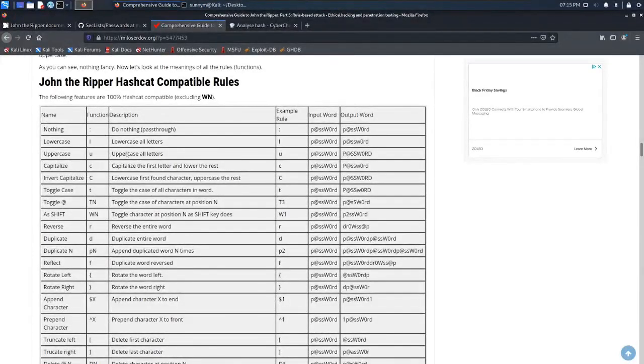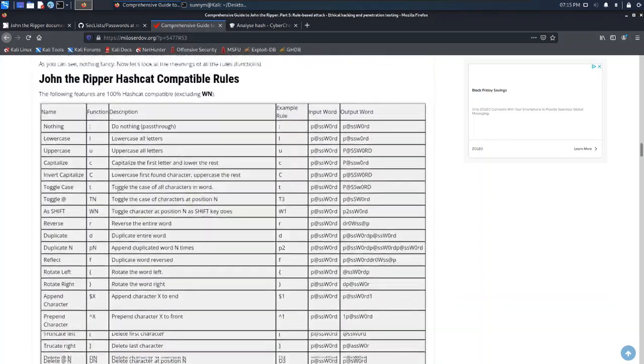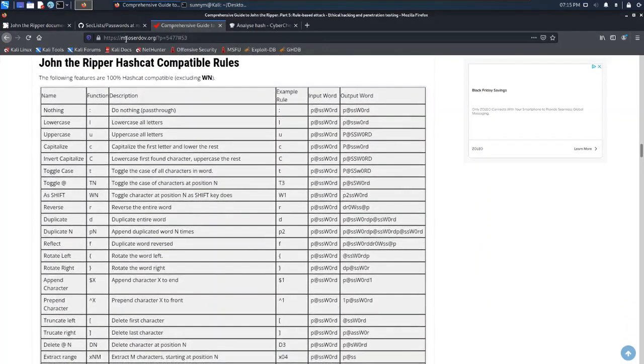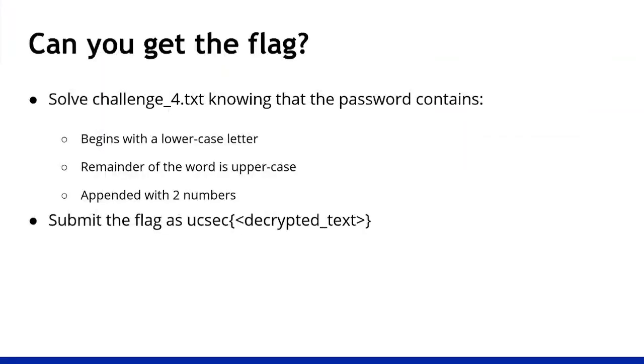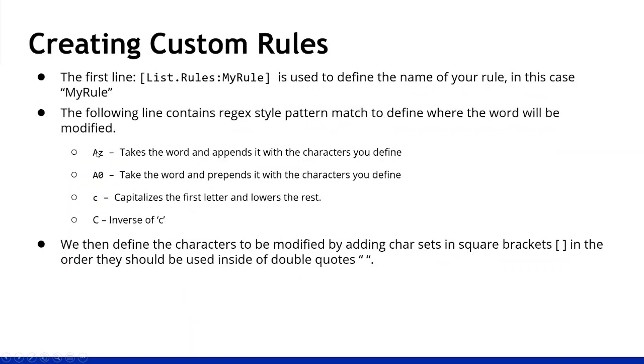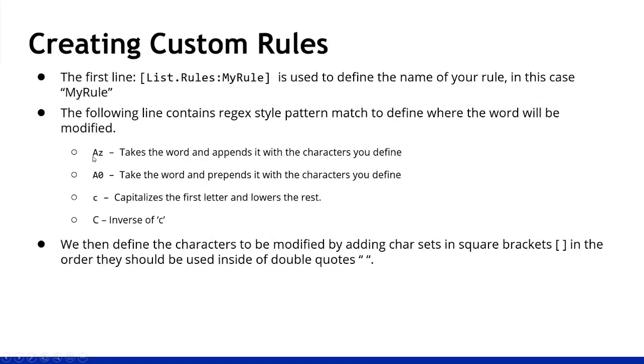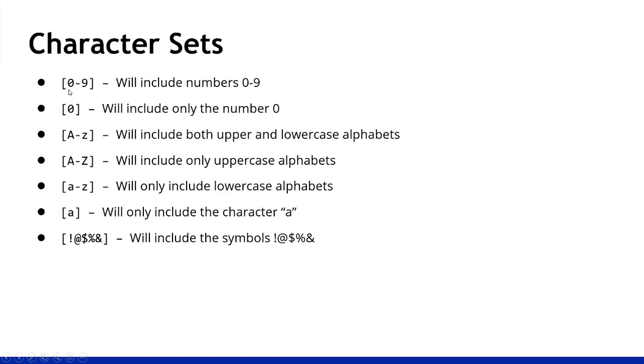Let's see here. Nope, it's not in this part. It's probably in another part, but we're just going to see the slides. All right. If it's being appended, that means we're going to have to use the Az command. And then it's being appended with two digits.